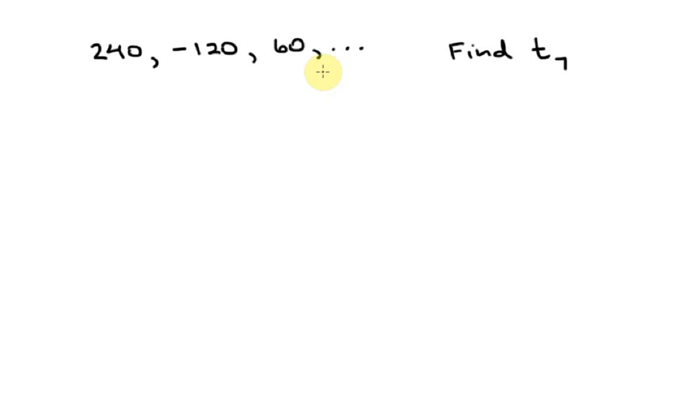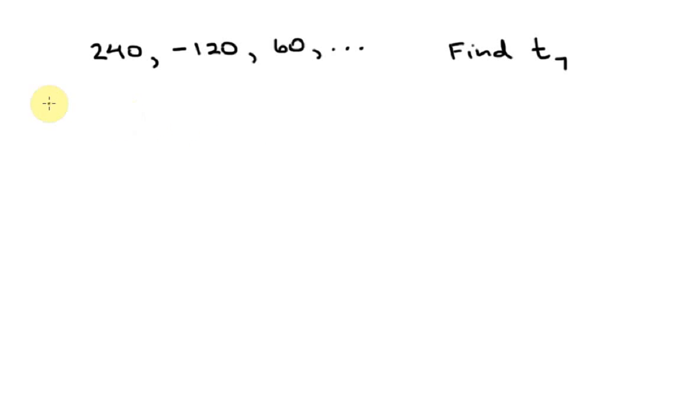I understand 7 is a pretty small number, and we can see what's going on here. It looks like we're just dividing by negative 2 each time. You could probably keep going and carefully count your way along. But what if this said term 73 or something? That wouldn't be so easy to do. So I'm going to do this the correct way.